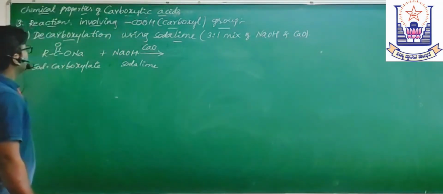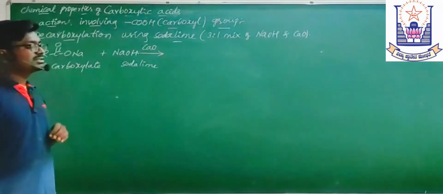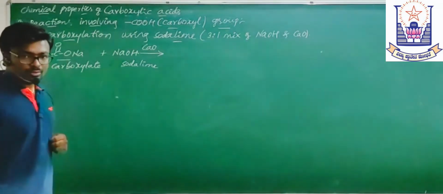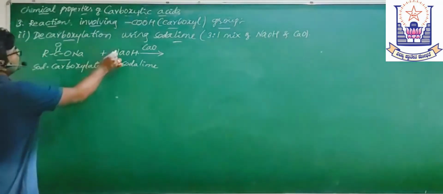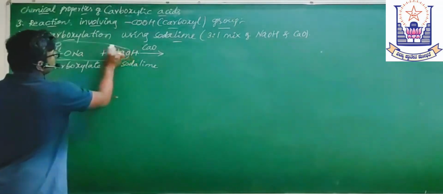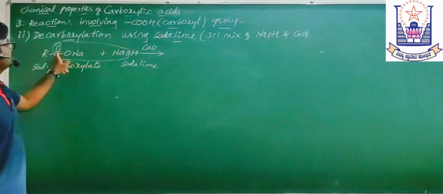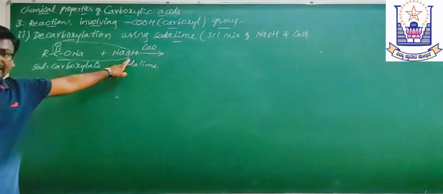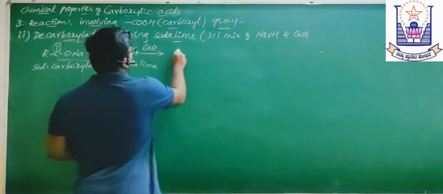What happens? Decarboxylation means the COO group will come out. How? Na2CO3 will come out. What is left? R with hydrogen. You will get RH.